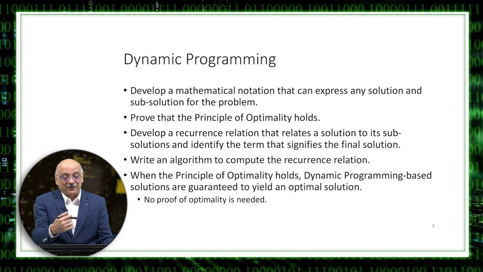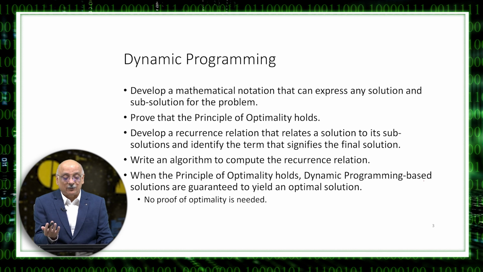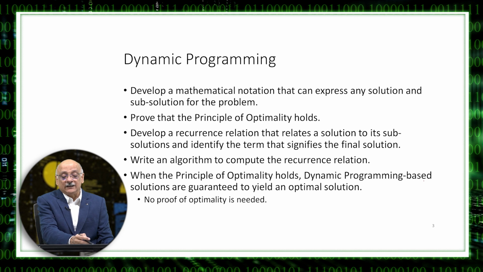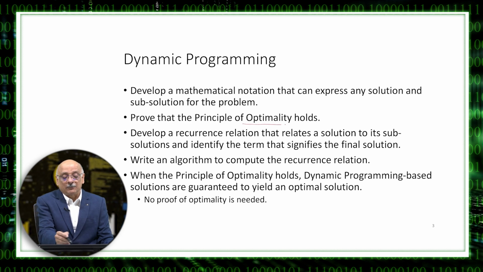So what is dynamic programming? Dynamic programming is to develop a mathematical notation that can express any solution and sub-solutions of a problem. If I want to solve anything by dynamic programming, we will be using solutions and sub-solutions. We need the problem to satisfy the principle of optimality; it should hold for that particular problem.